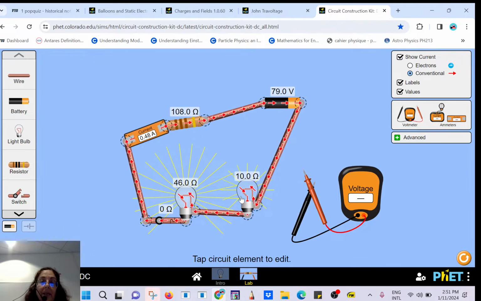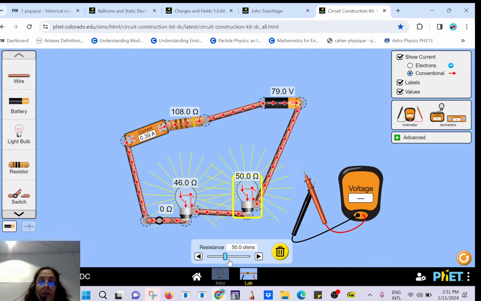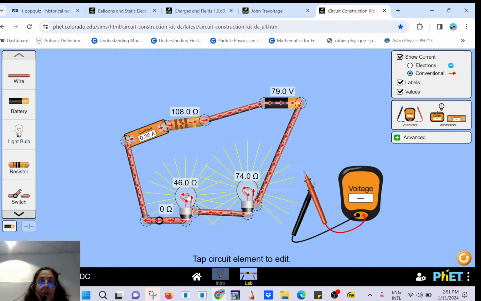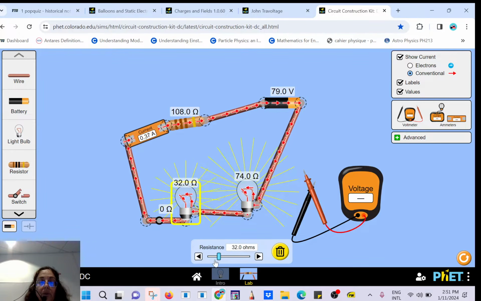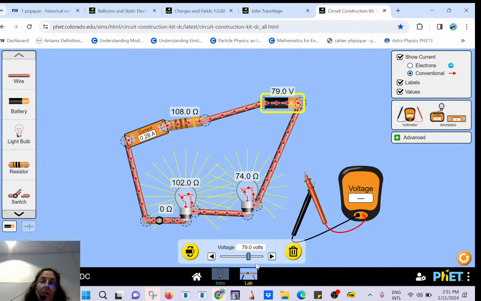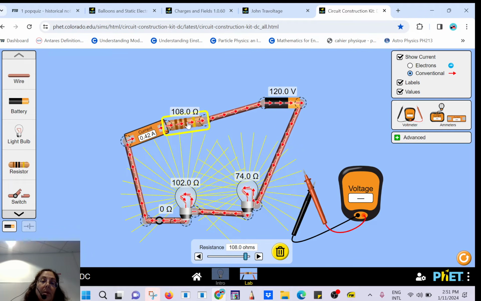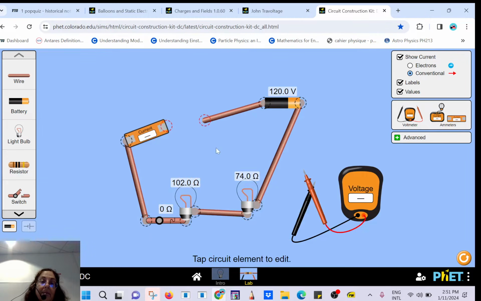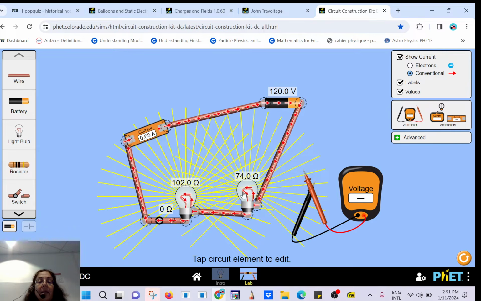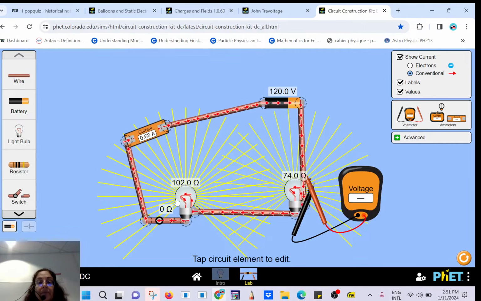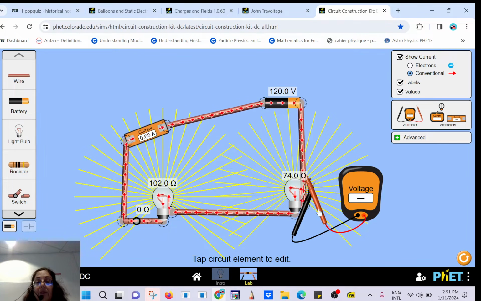For example, here I'm going to increase this one, and decrease that one. Maybe I'm going to put a large voltage here. Okay, 120 volts. You see I have two loads. Can you see? So what's the voltage drop available?